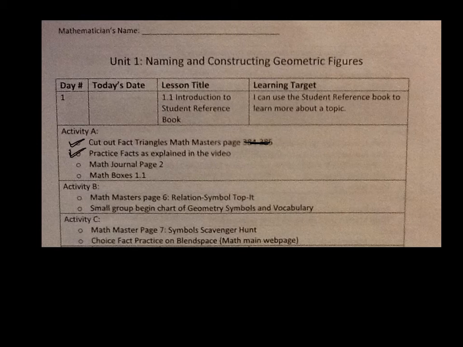Then check it off. You'll put your fact triangles away in your folder and then do Math Journal page 2. This can be with a partner. Once you have completed this page, check it off. And finish math boxes if you need to do so, and then check it off.